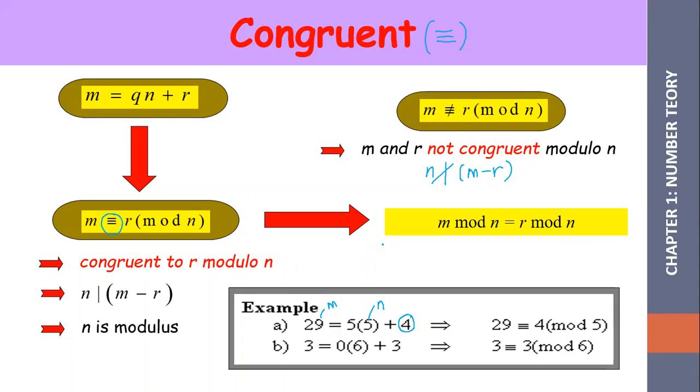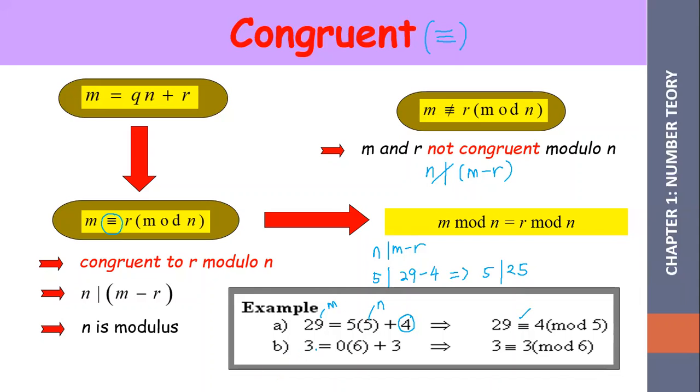You can check whether 29 is congruent to 4 mod 5. n divides m minus r, so 5 divides 29 minus 4, which is 25, right? So 29 is congruent to 4 mod 5.